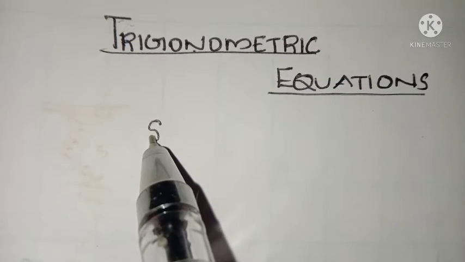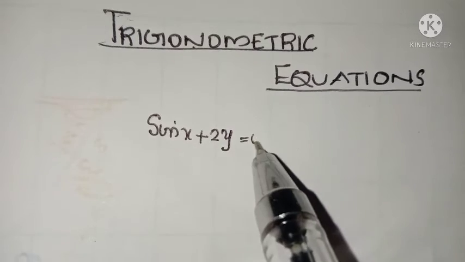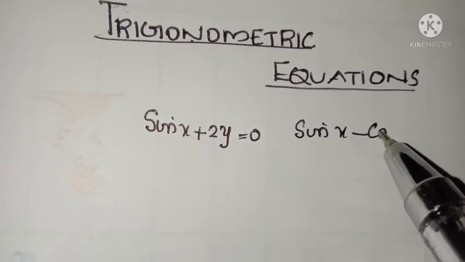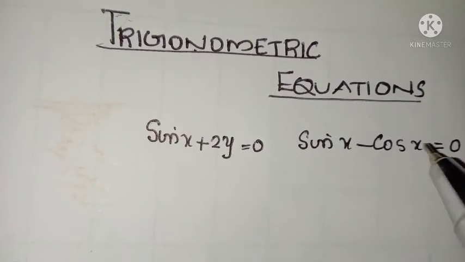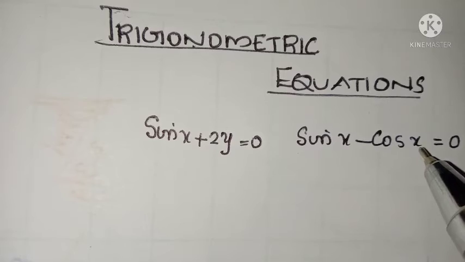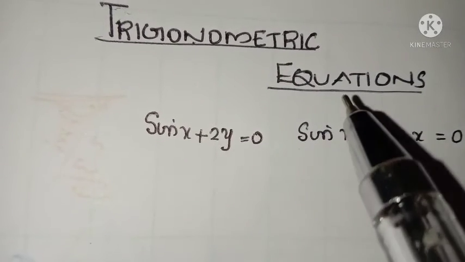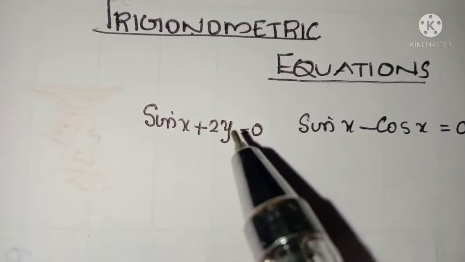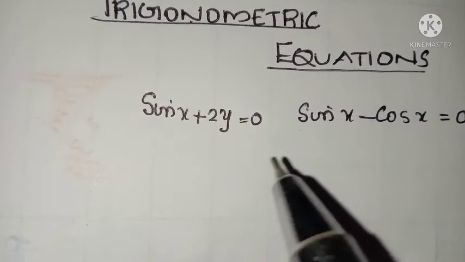For example, sin x plus 2y equal to 0, sin x minus cos x equal to 0, and so on. So any equation involving trigonometric functions in variable x is known as a trigonometric equation. In this session we are going to discuss how to find the solutions of these types of trigonometric equations.